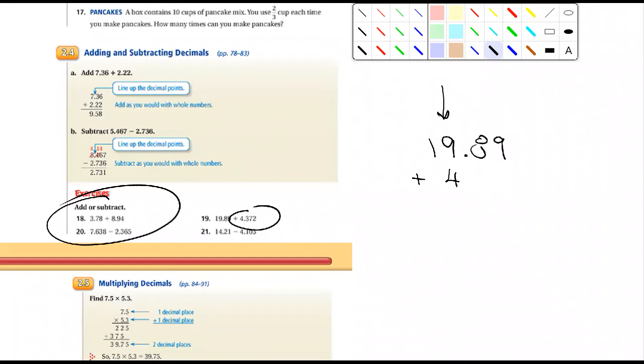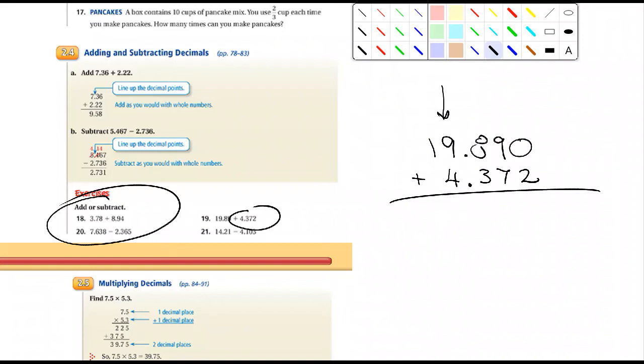So it's 4 point, and then 3 under the 8, 7 under the 9, and then a 2. And I'm going to put a 0 there just to help me keep things lined up. And then you would just simply add those numbers together. So when you add or subtract decimals, you always line up the decimals.